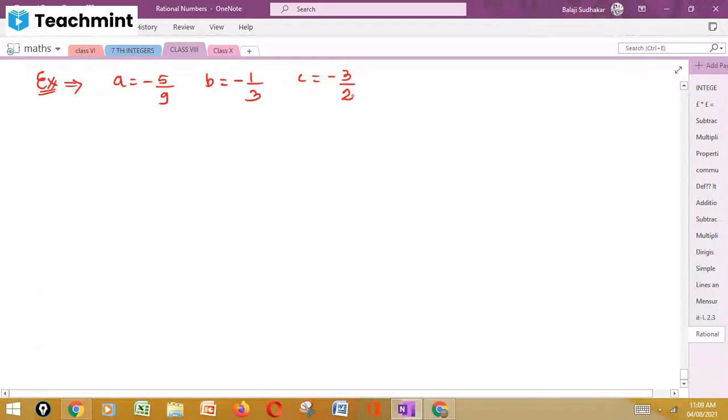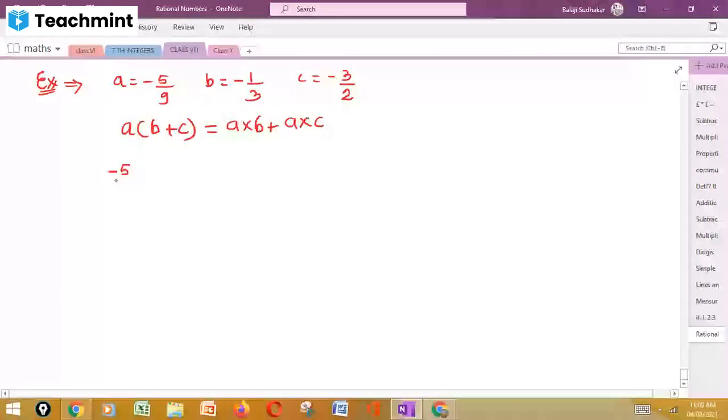So can we start to solve the property here? Distributive property over addition: A into bracket B plus C is equal to A into B plus A into C. Now we have to put the values. What is the value of A?